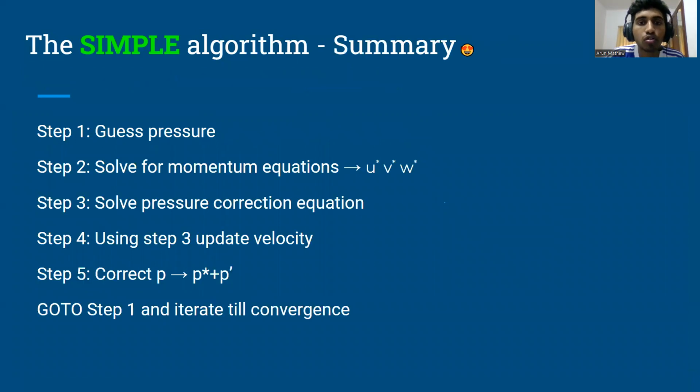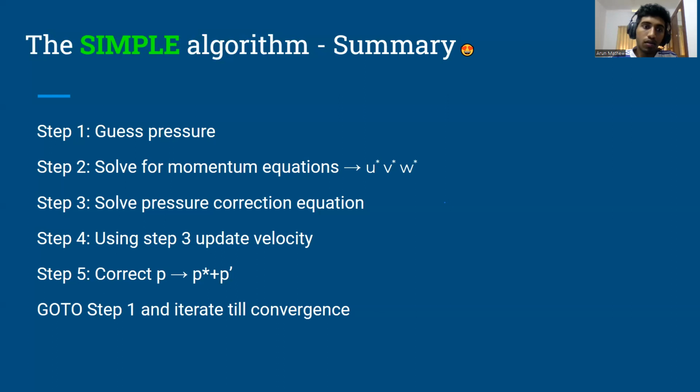To summarize, in the first step, we guess the value of pressure. With the guessed value of pressure, we solve the momentum equations, which give us the velocity field in the x, y, and z direction, which was incorrect. These will be u star, v star, and w star.